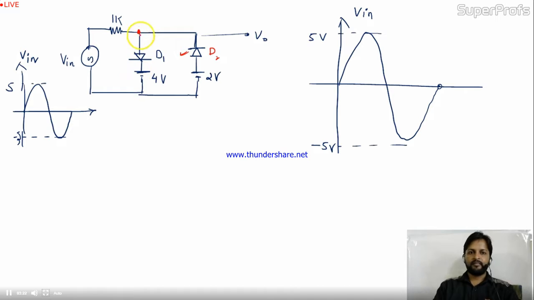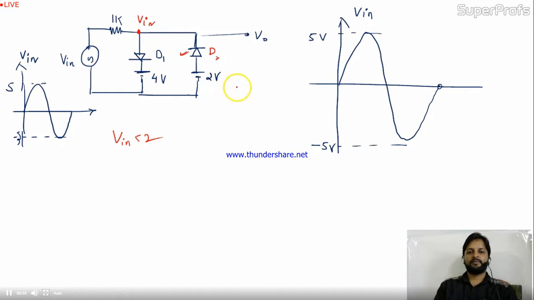Suppose initially, forget about these 2 branches. They are not in the circuit, meaning they are open from the circuit. You have V in over here. Now we apply these 2 branches in the circuit and observe what is going on. We have taken V in, and the condition is V in less than 2.